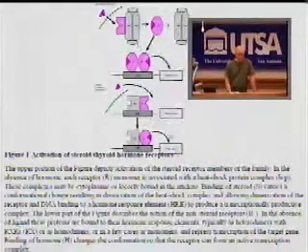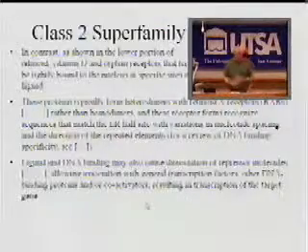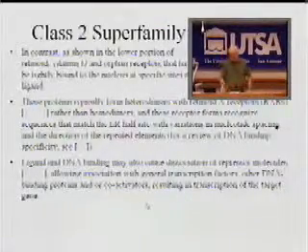So this is an illustration that makes that point that we talked about earlier. I included the entire figure legend here to help you to look that over and gain a greater appreciation for the diversity of the possibilities of these ligand-dependent transcription factors.